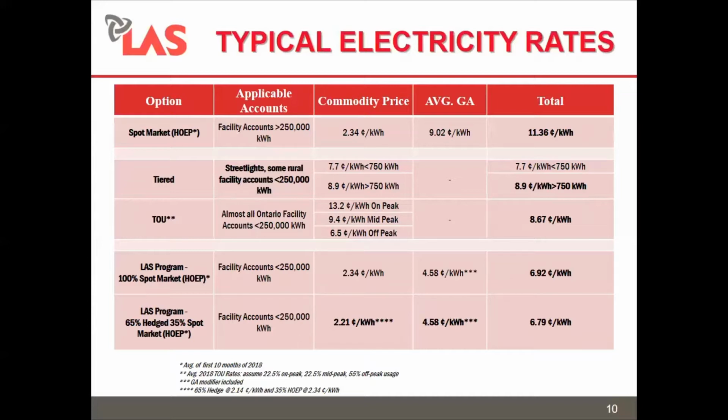So that's just to give you a general idea of what you're going to pay, either securing your supply and billing from the local utility, whether you're on spot market or paying under RPP, or you switch to the LAS program purely on retail billing and paying spot market rate, or you hedge a portion of your usage.